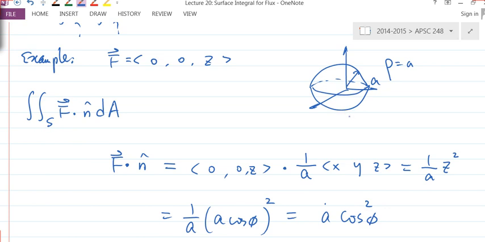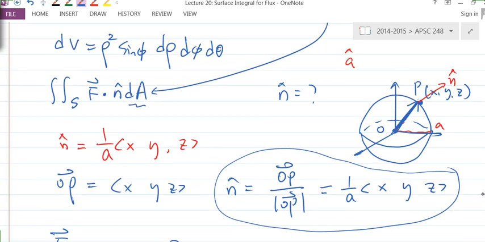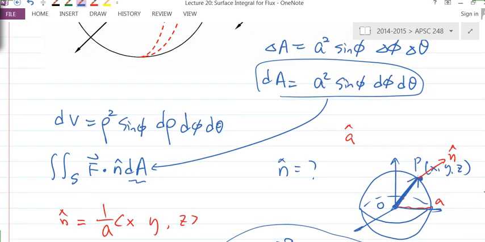And in this particular case, we're considering a special case, it's a spherical surface. So because of this spherical surface, n hat is this, and dA is this.